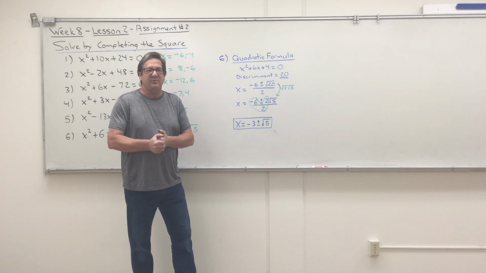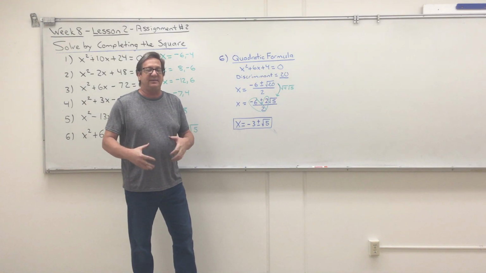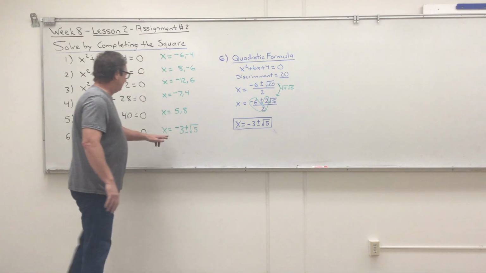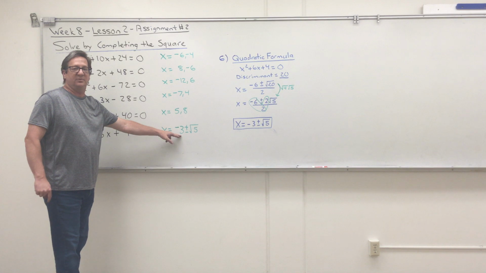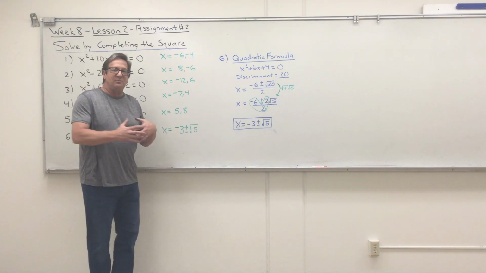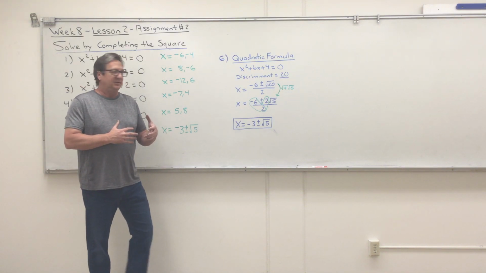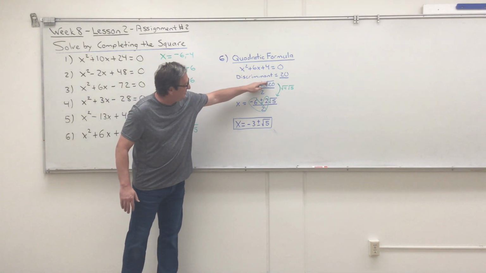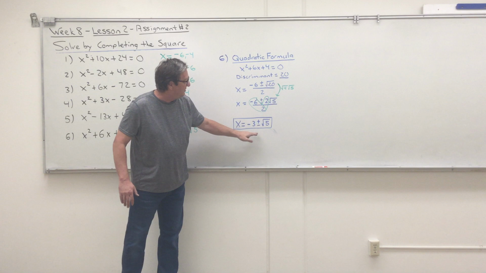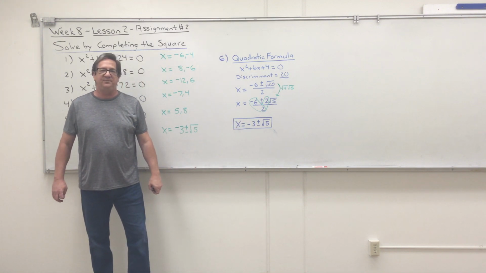If you complete the square, which I don't think really takes that much longer, you will get your final answer right away. So what might look like more work in the beginning actually gives you a cleaner answer than going from here to here to here when you do the problem.